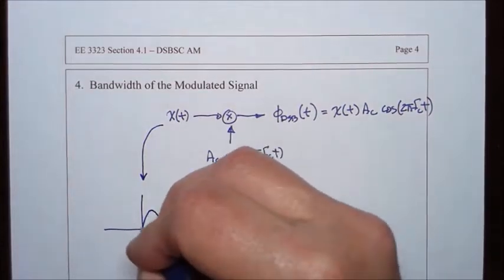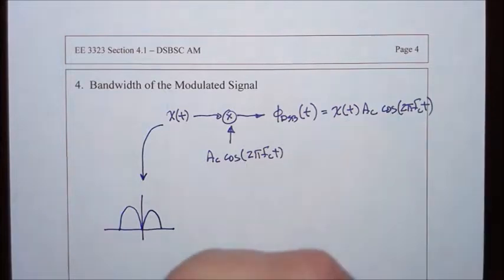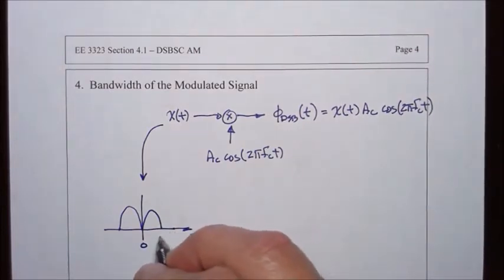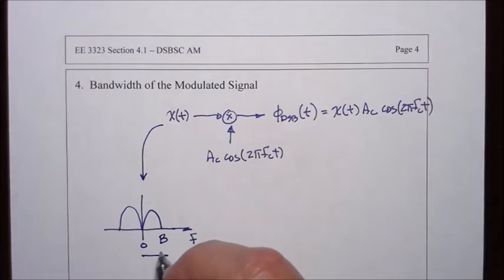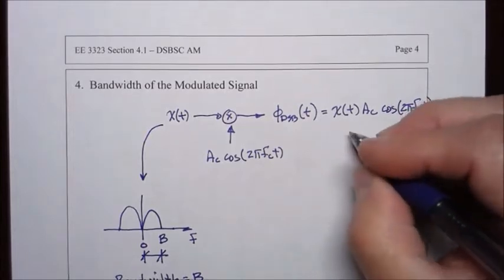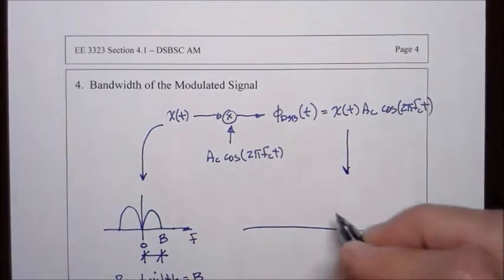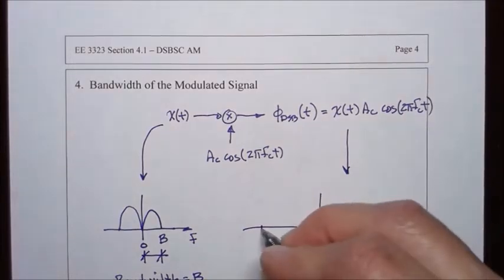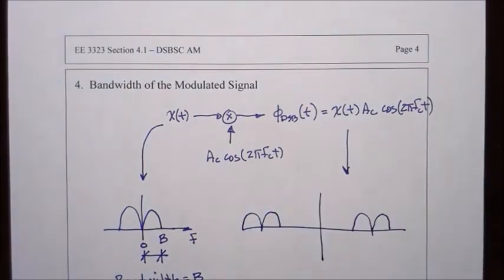We have a shape for the baseband spectrum that goes from 0 out to a bandwidth of B. So again, measuring bandwidth only over the positive frequencies, we get a bandwidth equal to B. The spectrum of the modulated signal, as we just worked out, is a replica of the baseband spectrum, replicated and shifted to the carrier frequency.